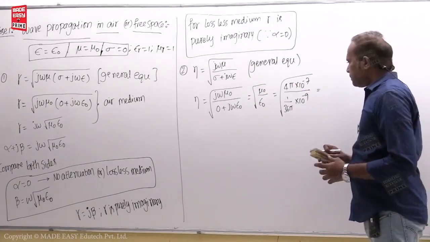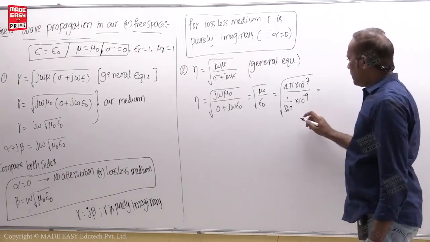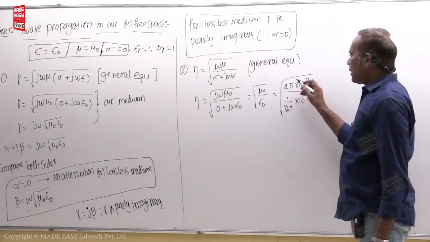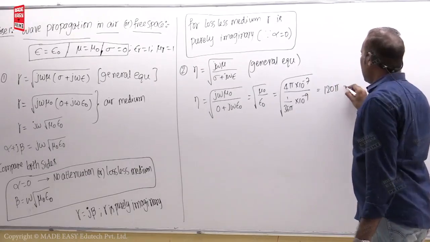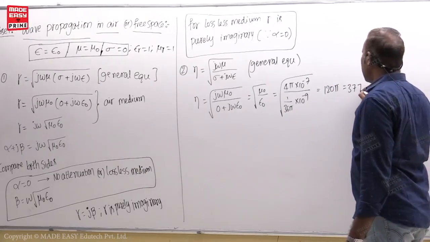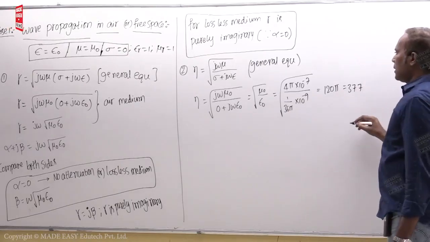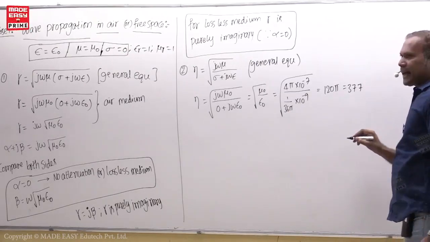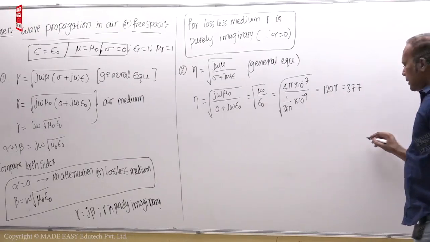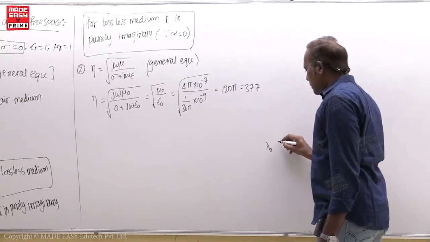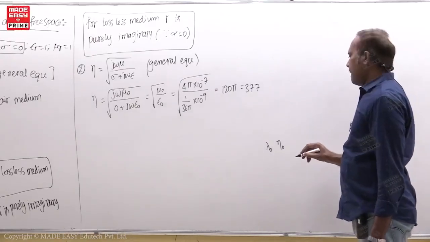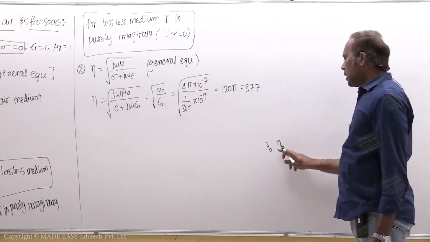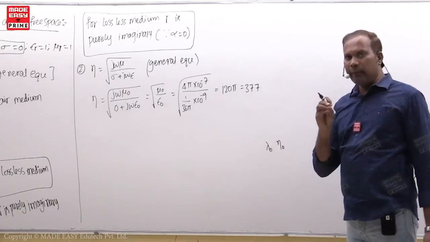Then here 4 into 3 is 12, so 120 pi you get, and if you calculate this you get 377 ohms, and it is called eta naught. Here, students, lambda naught, eta naught, this naught symbol is used for air medium.